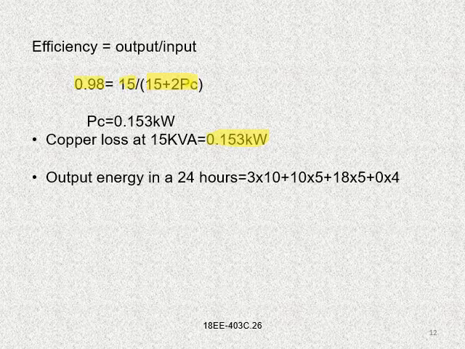There is no load for 4 hours, 0 into 4. 3 into 10 is 30, 10 into 5 is 50, 18 into 5 is 90, and 0 into 4 is 0. So 30 plus 50 is 80, and 80 plus 90 is 170 kWh.